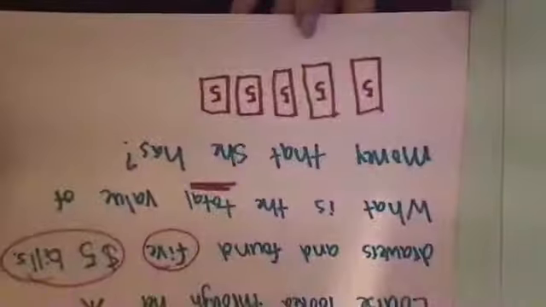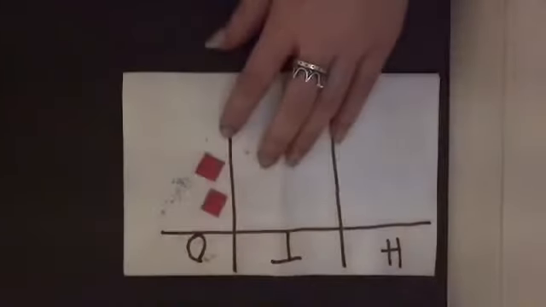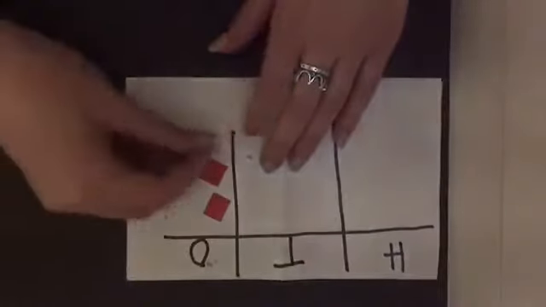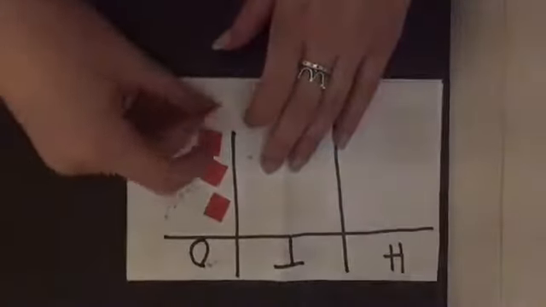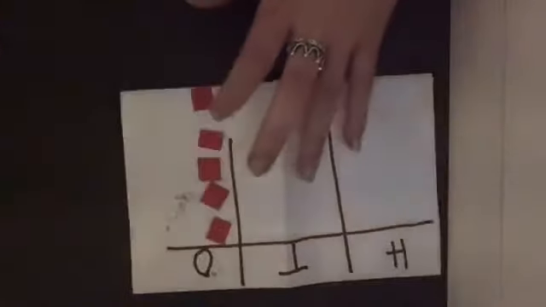So now what we are going to do is the problem. So if we look back at the problem, we have 5 $5 bills. So we already have 1, then 2, 3, 4, 5. So that's the first one.